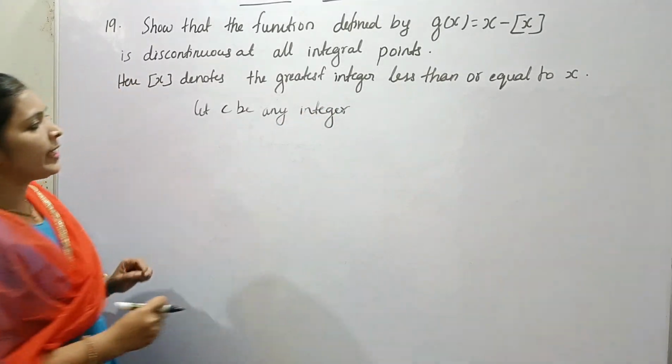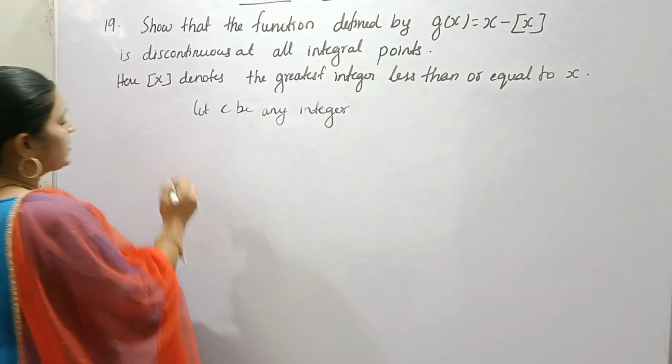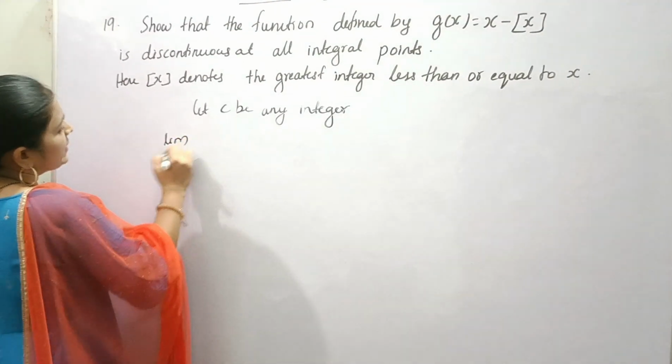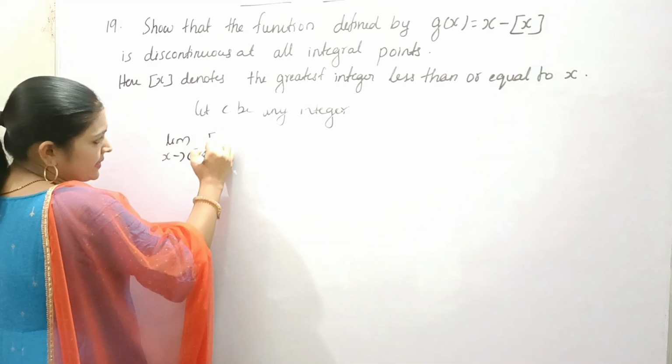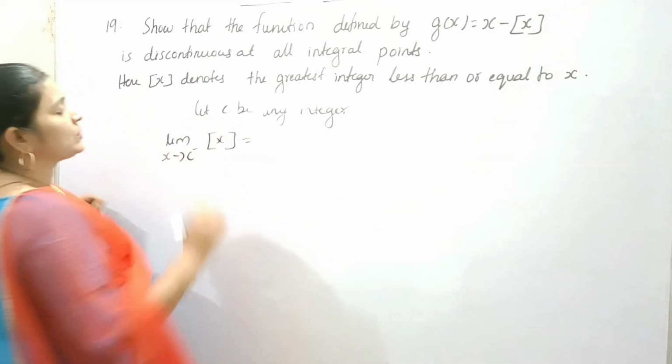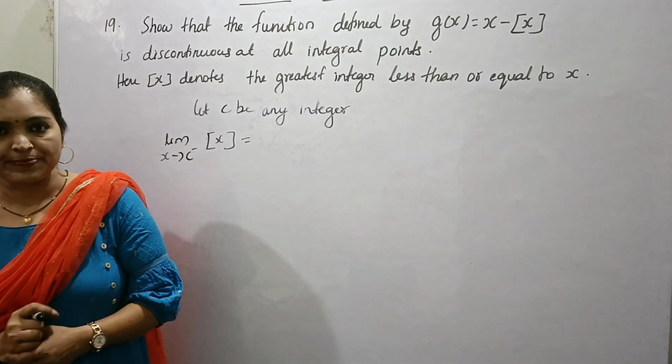Let c be any integer. Then let's find the limit as x tends to c minus of the greatest integer of x. So what is the limit as x tends to c minus of the greatest integer of x?